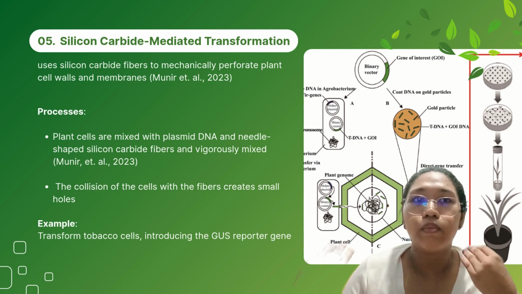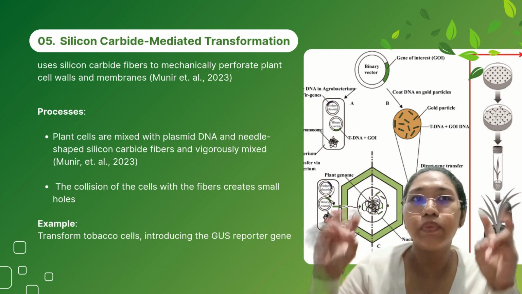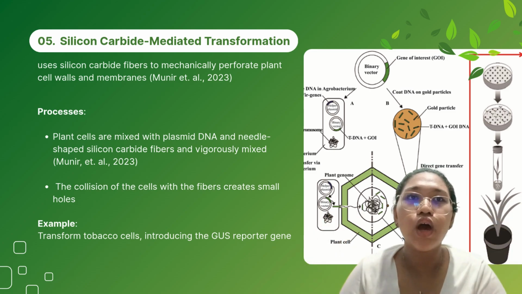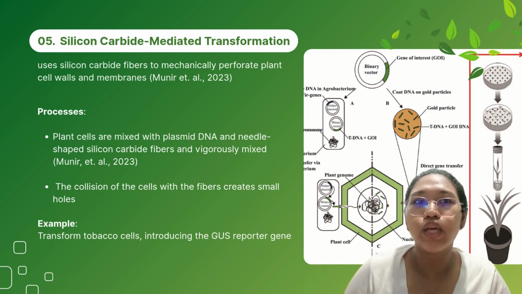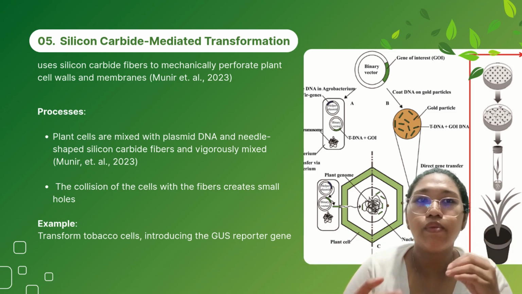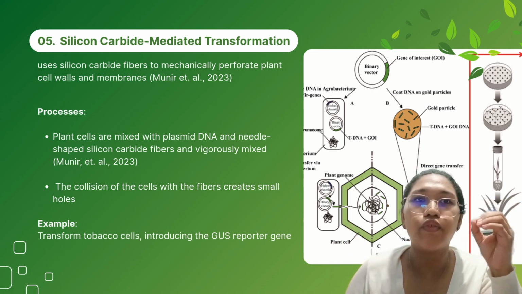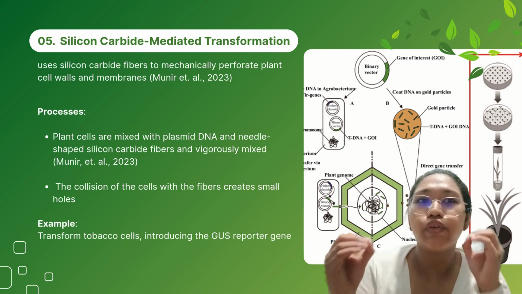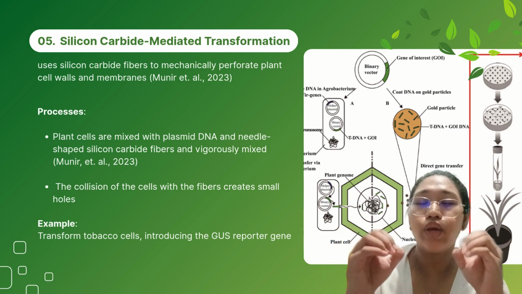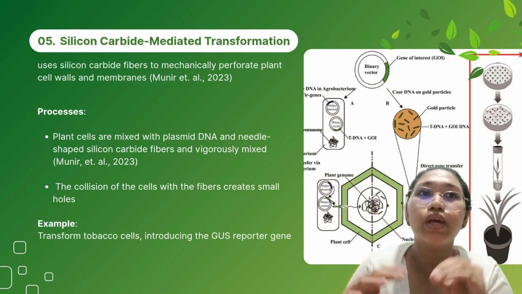Now, according to Munir et al. 2023, plant cells, typically suspension cultures, are mixed with the plasmid DNA and needle-shaped silicon carbide fibers and vigorously mixed or vortexed. Now, the collision of the cells with the fibers creates a small hole, allowing the DNA to enter the cell.